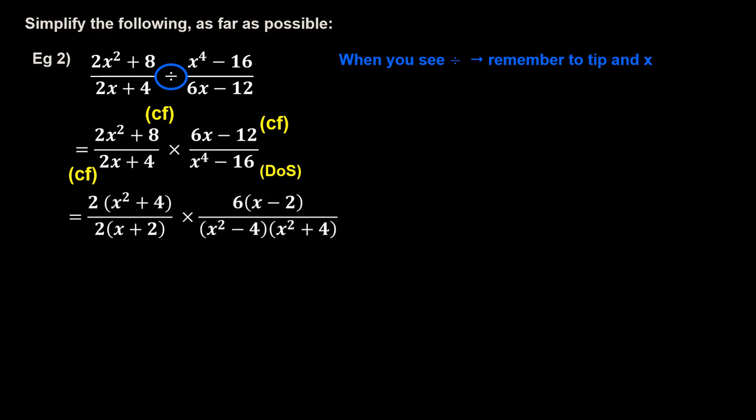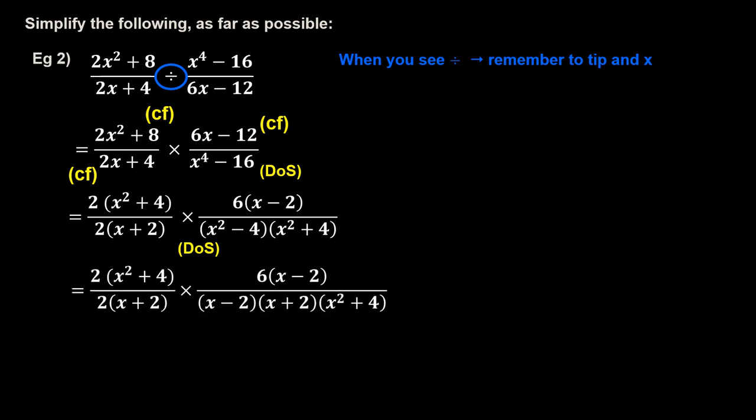Once I factorize, what I do notice is in the denominator of the second fraction, I've still got difference of squares. So you can cancel certain things at this stage, but try and finish your factorization first. So if I factorize just x squared minus 4, we end up with x minus 2, x plus 2. Remember, I cannot take x squared plus 4 further because it has a plus in the middle. I can only take it further if it was negative.